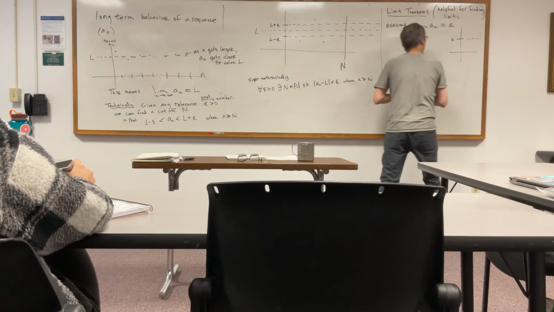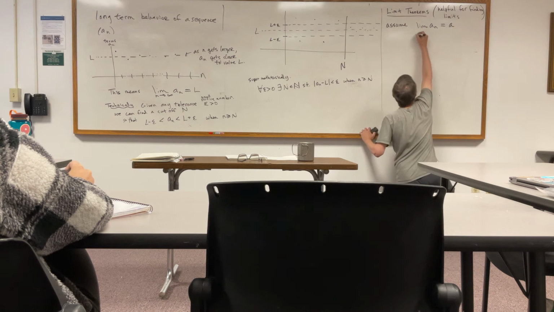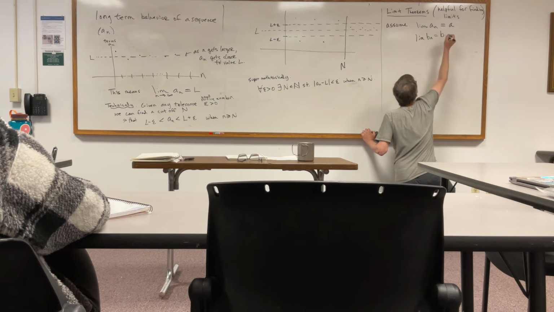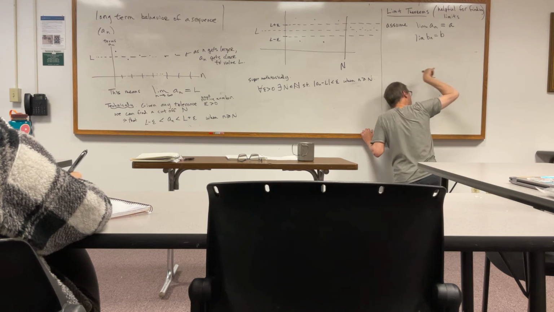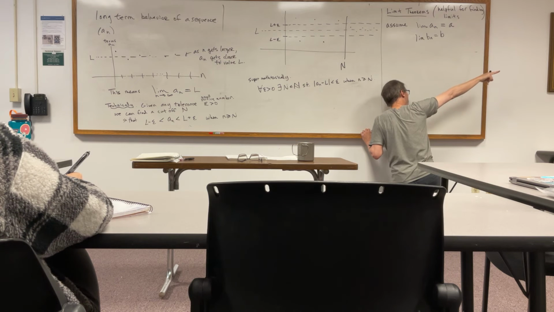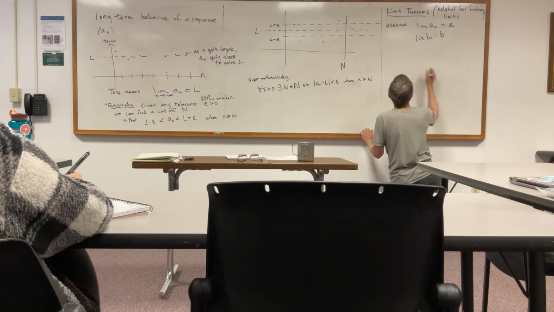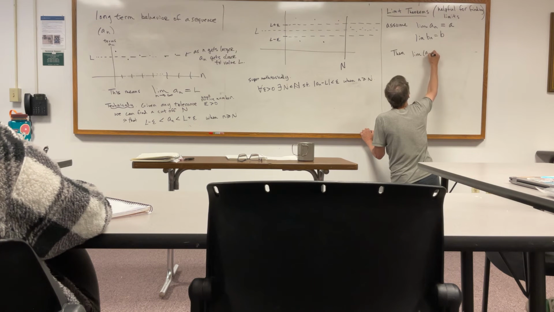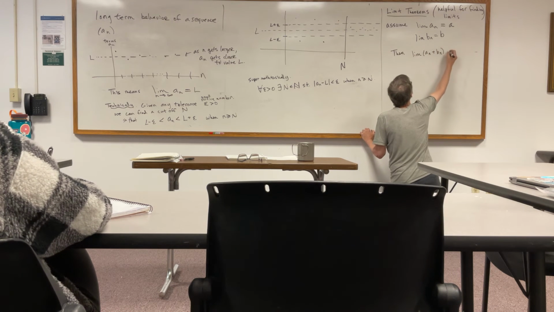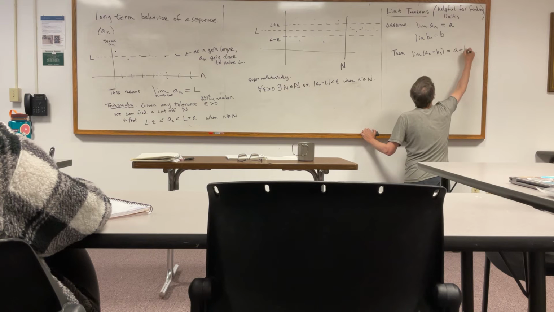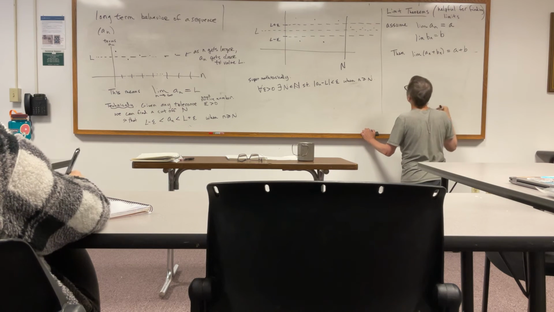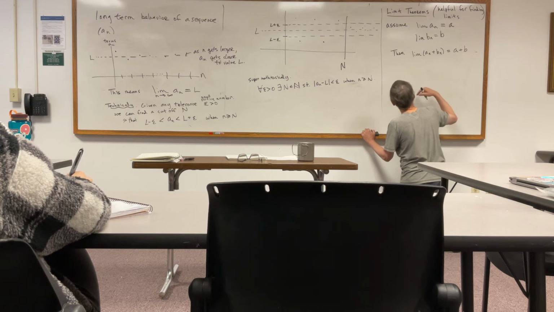And let's say I have another sequence, the limit of b sub n is b. That means that approaches the value b as I move out that way. Then the limit of their sum is the sum of the limits. If I know that this goes somewhere and this goes somewhere, I can just add those results together. I'll give you some solid examples.